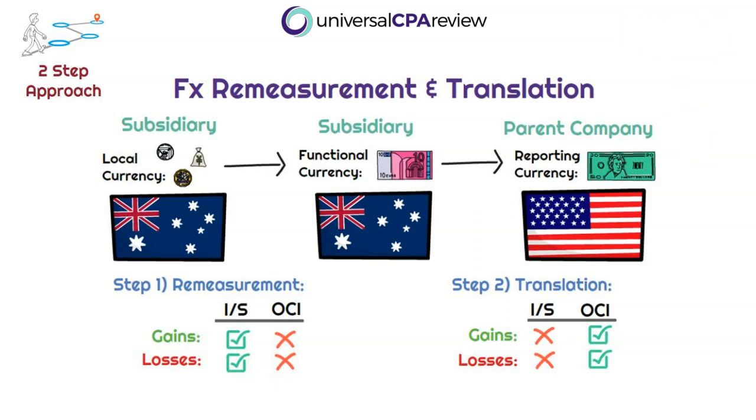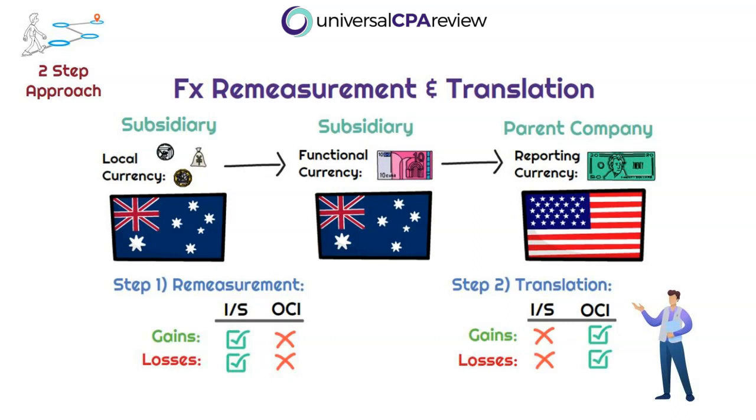So when we translate the financial statements, again, we'll use a variety of exchange rates for various accounts, and we'll end up with some sort of cumulative translation gain or loss. Now, the key thing to remember here is that those gains and losses are reported in other comprehensive income and not the income statement, right?